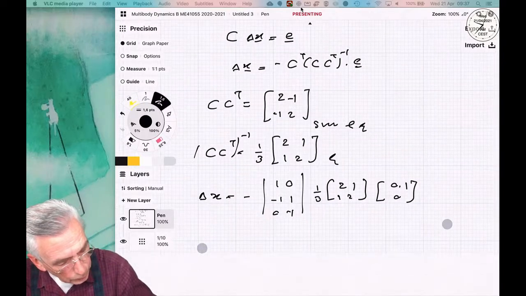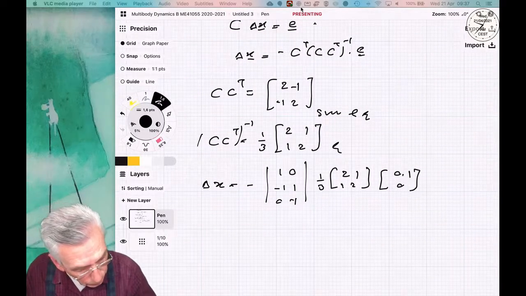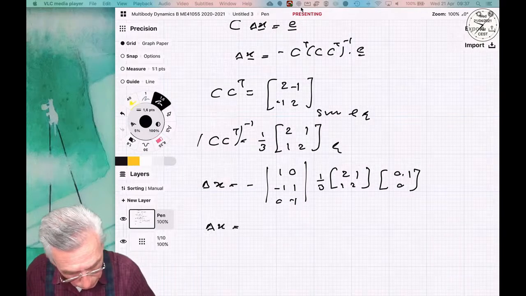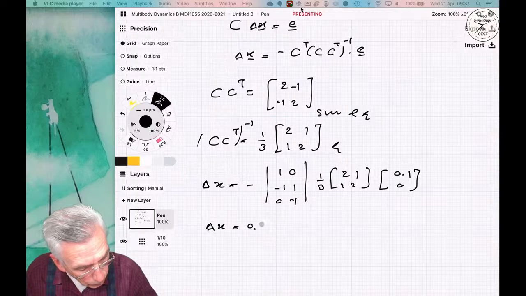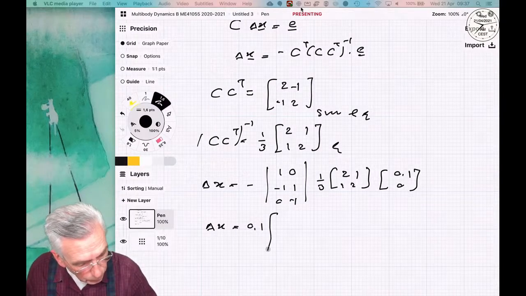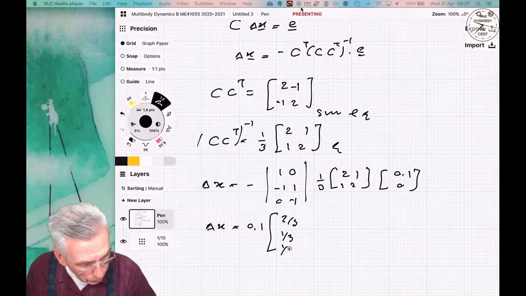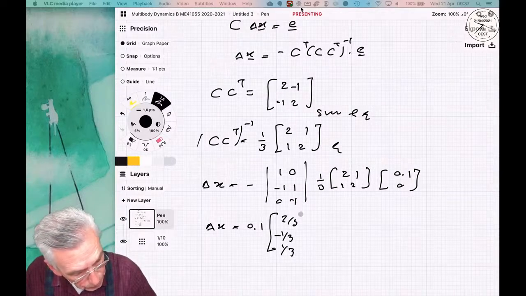Well, a lot of calculations, but in the end, the answer will be delta x equals 0.1 times 2 over 3, 1 over 3, 1 over 3, and this has a minus sign.